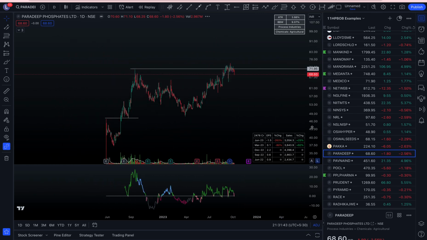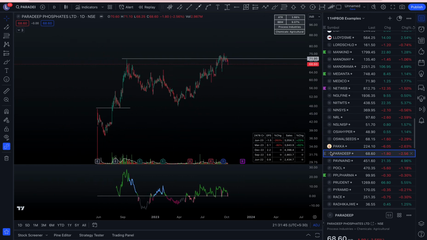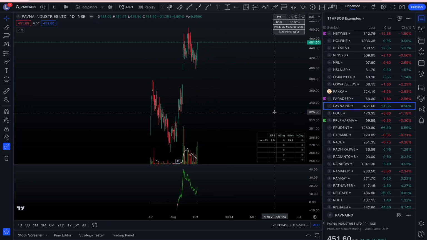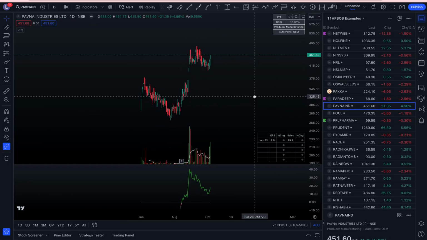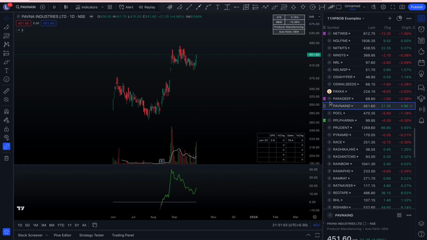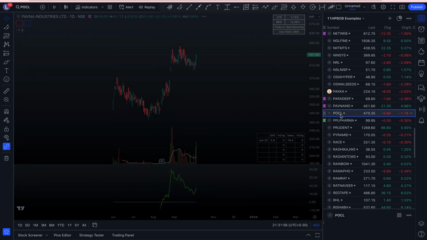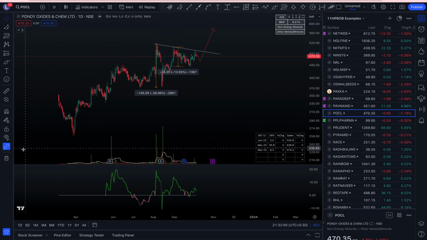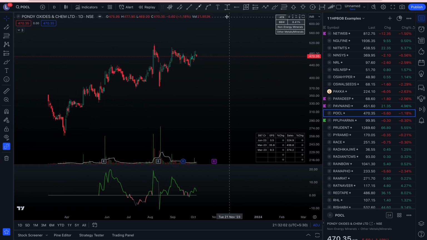Paradip Phosphate. This is also, I don't know if this is... I mean, because I don't follow many of them fundamentally, so I always get confused. Is it actually a new stock, or is it something which has just been listed only on NSE? That's why it's coming into the list.